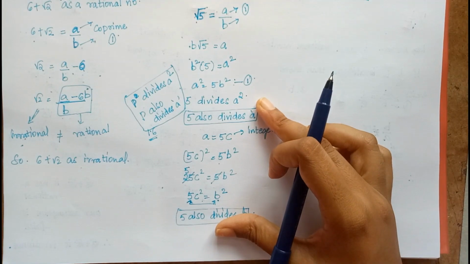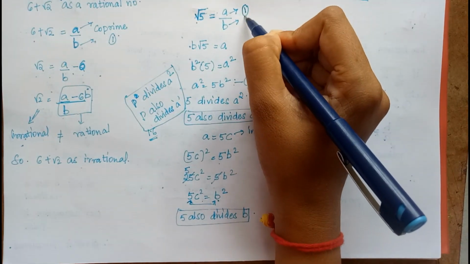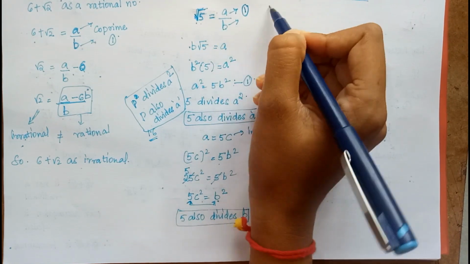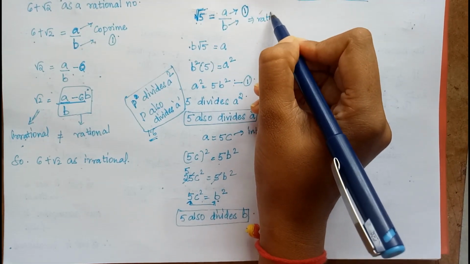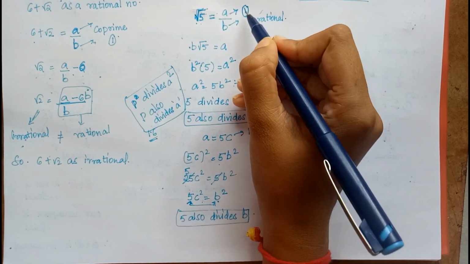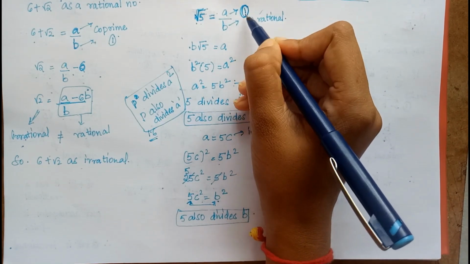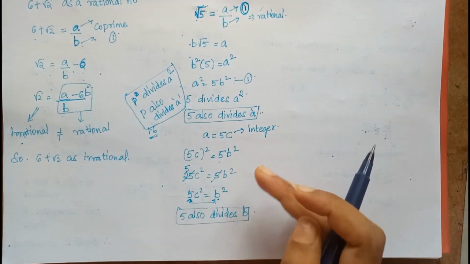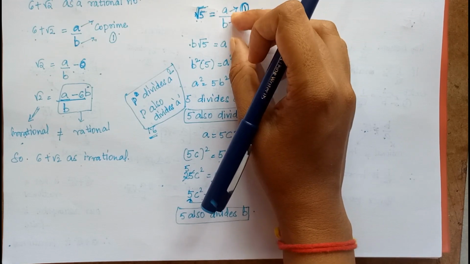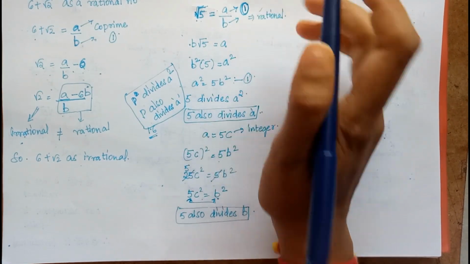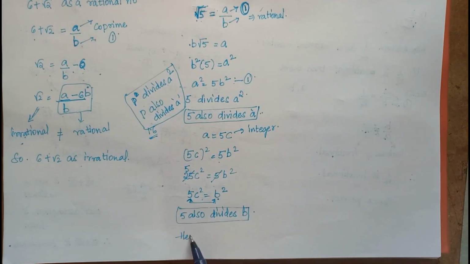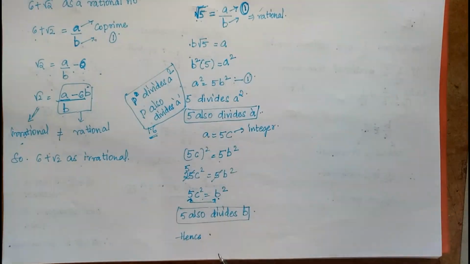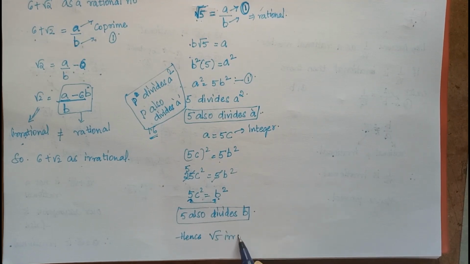What we assumed, root 5 equals a by b as a rational number, requires only common factor 1. But we are concluding that 5 is also a common factor for both a and b. So what we assumed is false. Hence root 5 is not a rational number. It is an irrational number.